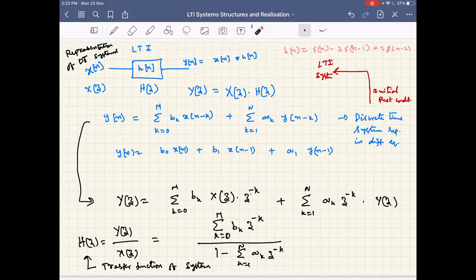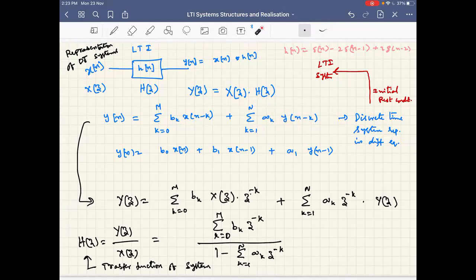Okay, so now the other alternative representation for the system is through this difference equation, which relates the output as the linear combination of input and its delayed versions, and also there may be some linear combination of delayed versions of the output as well.